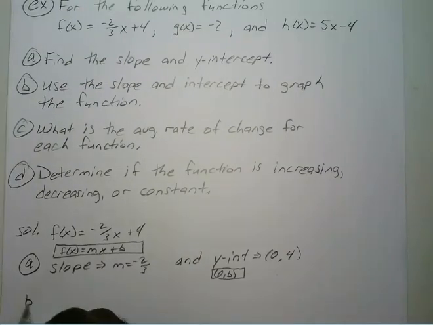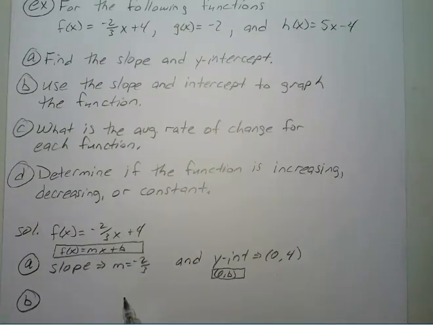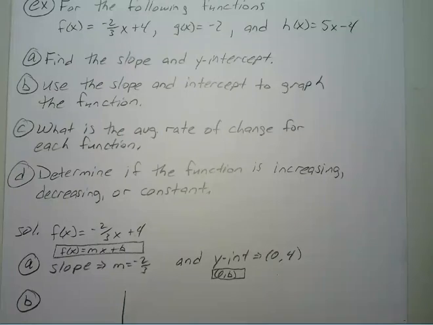Okay. Now for B, we want to use the slope and intercept to graph the function. Okay, so let's say we have our graph here. Let's say we have 1, 2, 3, 4, 5, 6 going to 6, and let's say we have 1, 2, 3, and 4.